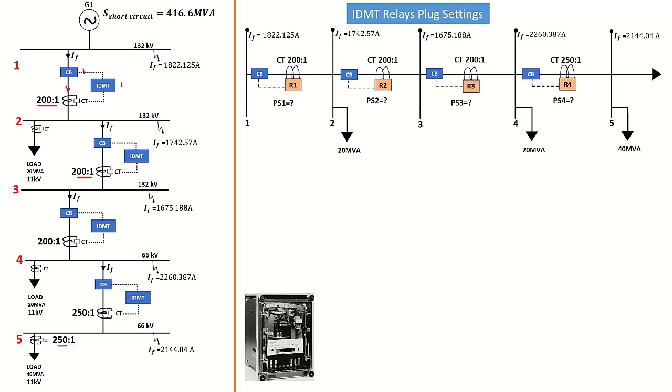So the plug setting we are looking for now is for the relays as follows. The relay needs to get a signal from the current transformer as I've already illustrated, and that signal must then be sent to the circuit breaker to trip the circuit. But the key element in order to determine the plug settings for the relays is the current.